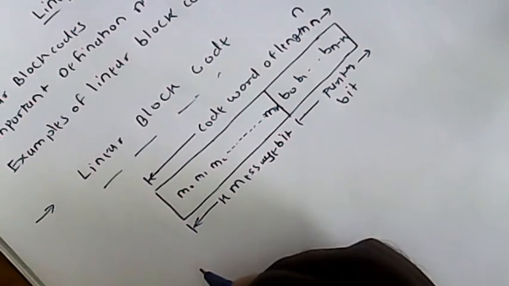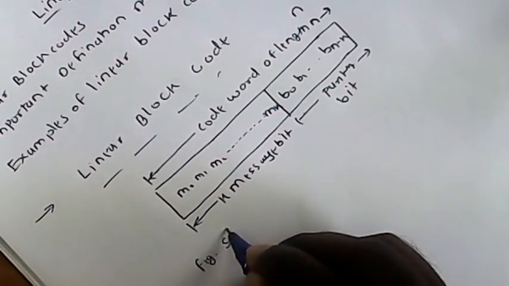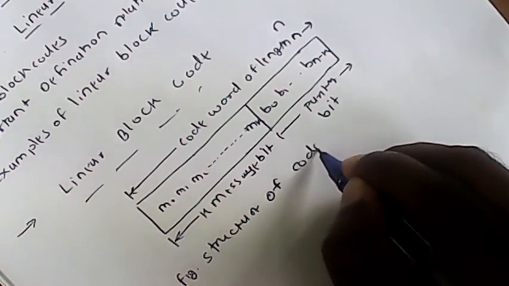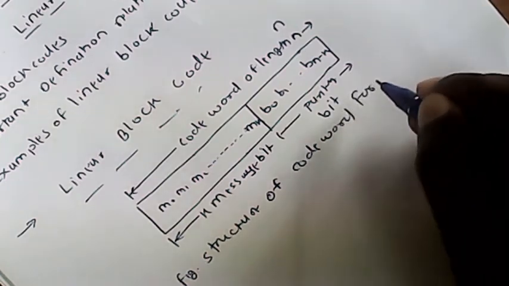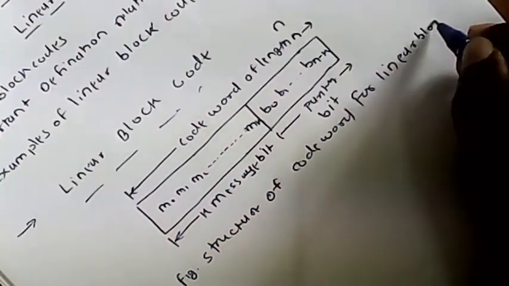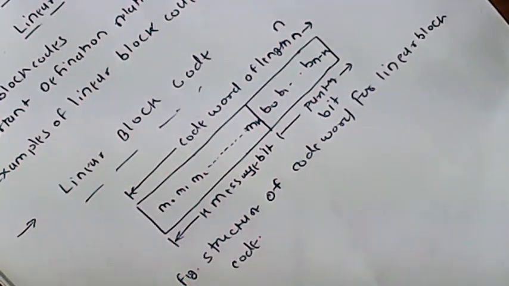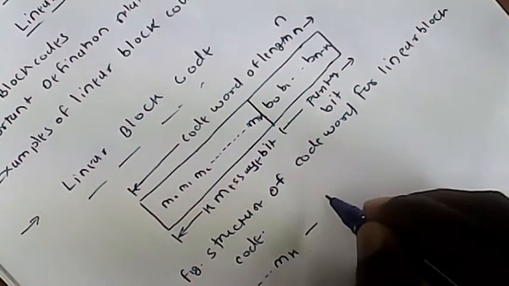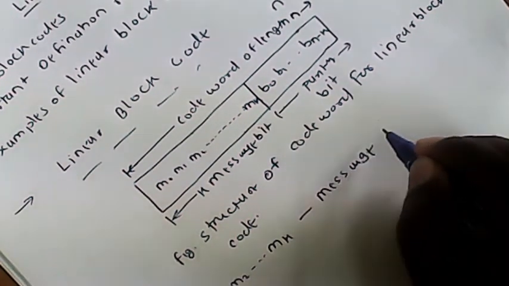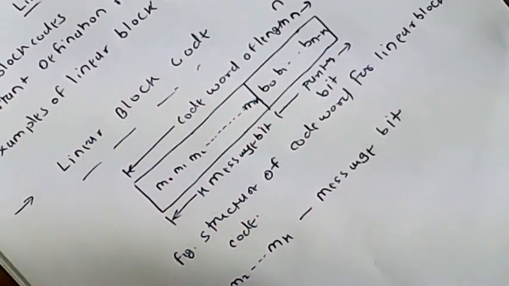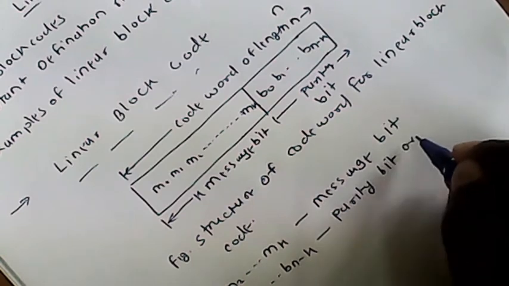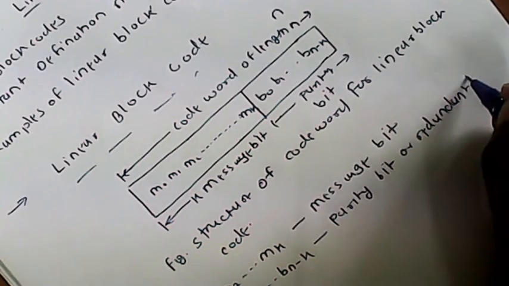So this is the structure of the code word for a linear block code. m0, m1, m2 up to mk are the message bits, and b0, b1, b2 up to b n minus k are the parity bits, or we can say redundant bits.